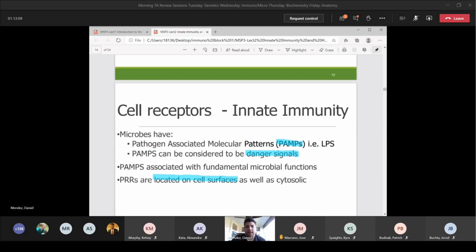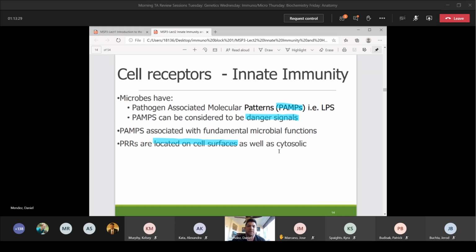So here the PAMPs, like I was saying, the LPS, lipopolysaccharide, is a PAMP that we can see. So it's something that's just on the surface, whether it be a glycoprotein or any sort of protein that we see on the surface of an organism that lets us know this is foreign.